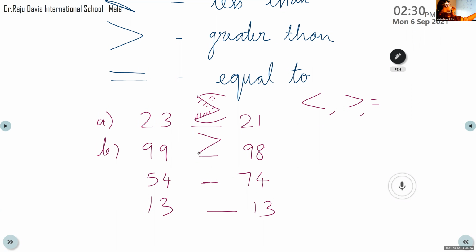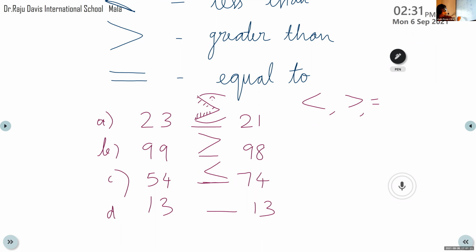Now, Siddhi Vinayak, what about the next one? 54, 74. Here the biggest number is 74, so that side will be the mouth of the crocodile. So 54 is less than 74.